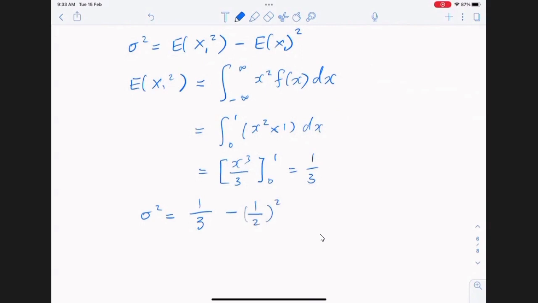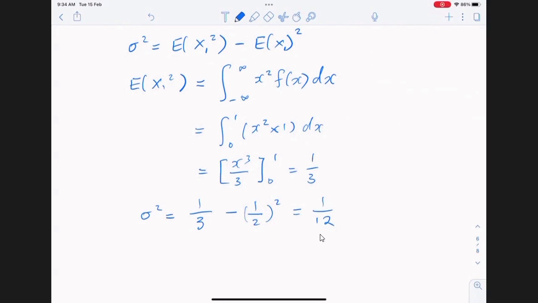So we substitute what we have calculated before, the expectation of the square of s minus the square of the expectation of s. So the variance for the uniform 0 to 1 distribution is equal to 1/12.